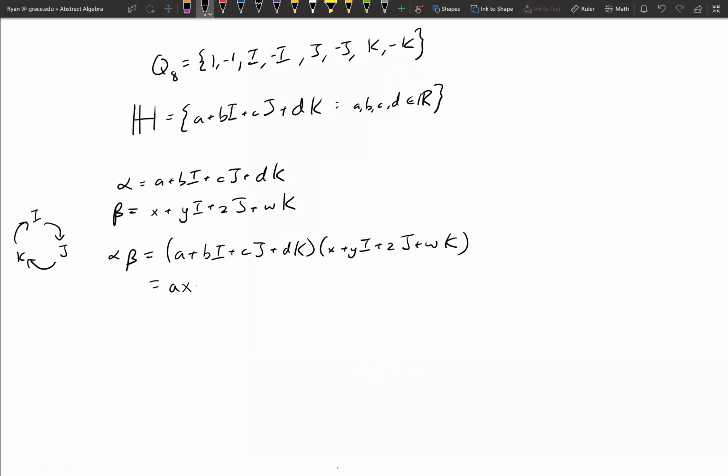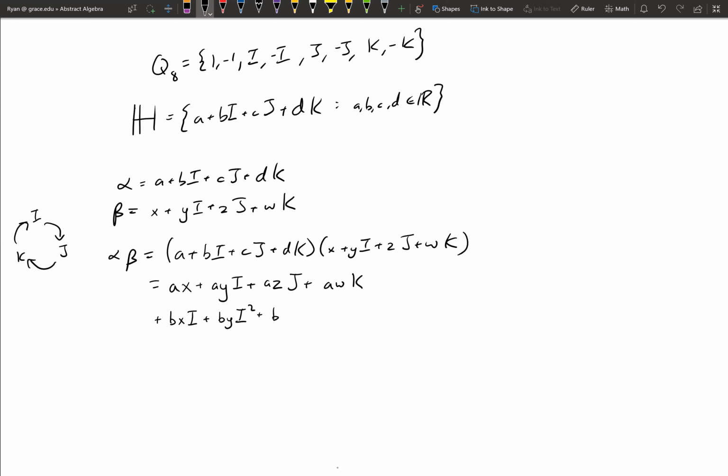AX plus AYI plus AZJ plus AWK, and then plus BXI plus BYI squared. I'm going to do all the simplification in the next step.